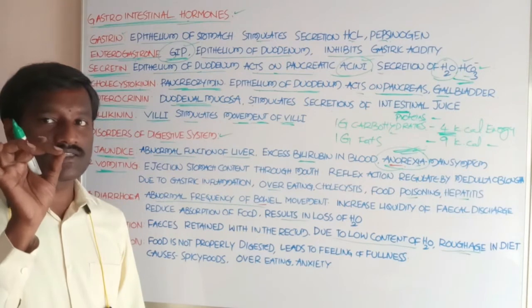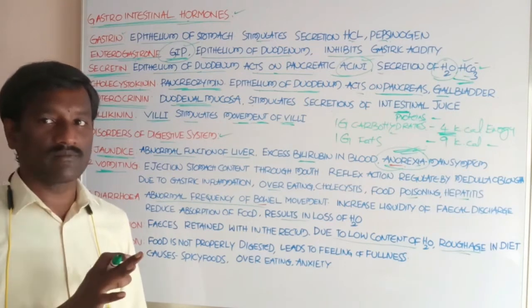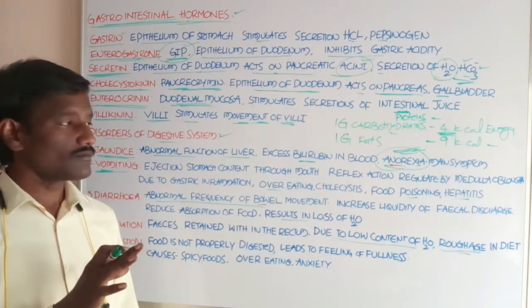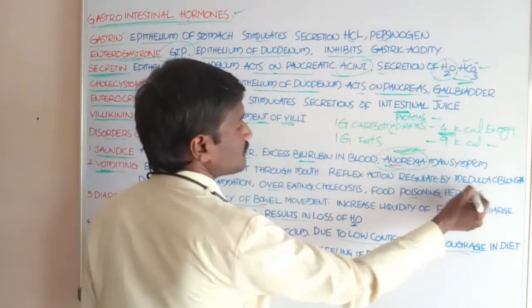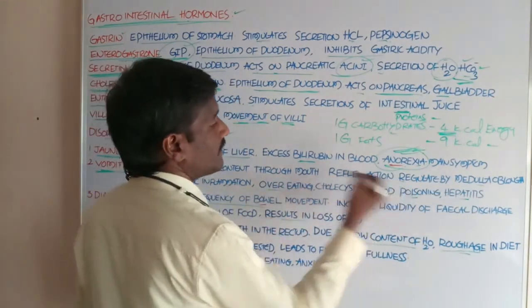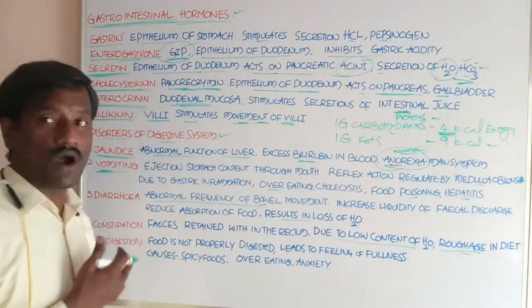Medulla oblongata is the part of the hindbrain, and it regulates the action of vomiting.